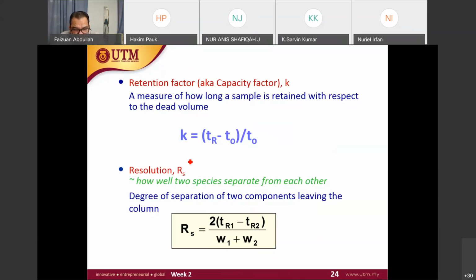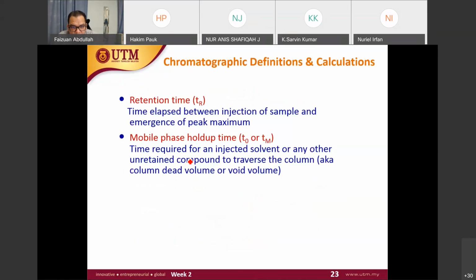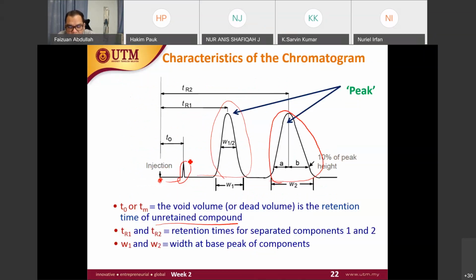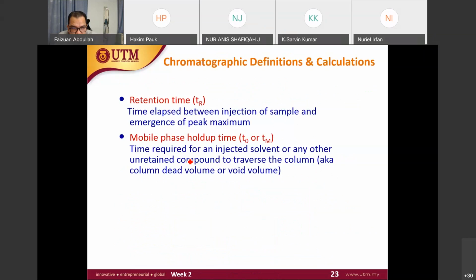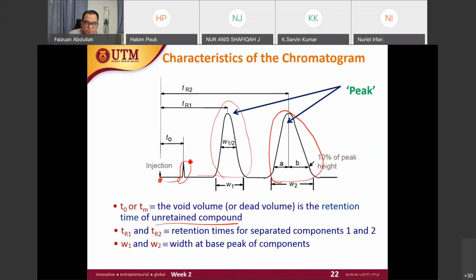And the resolution, RS, is how well two species separate from each other, the degree of separation of two components leaving the column. So RS is equal to 2 times TR2 minus TR1, divided by W1 plus W2. So this is TR1, minus TR2, there is TR2.